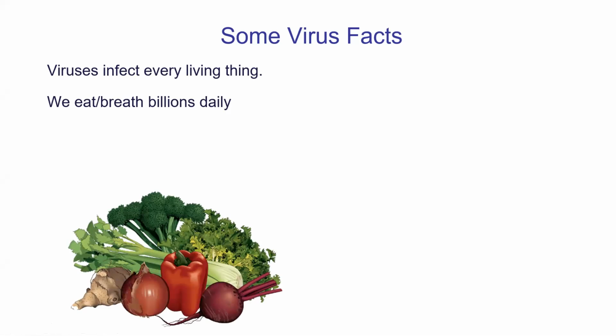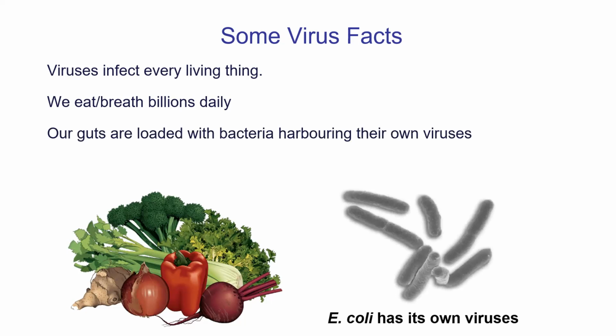I'm showing you that picture because if you had a salad today or lettuce on a sandwich, then you have probably eaten viruses that have either infected the plant or infected the insects that walked on that plant when it was back in the field. We breathe them through our mouth. Our bacteria in our gut, there's E. coli. E. coli lives in your intestine. It is infected by its own viruses.